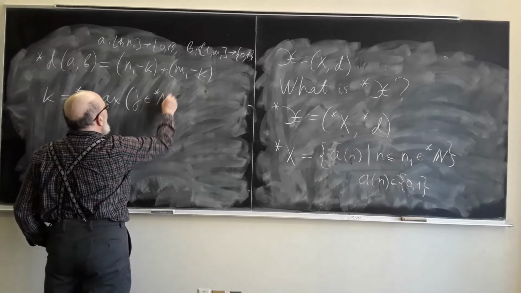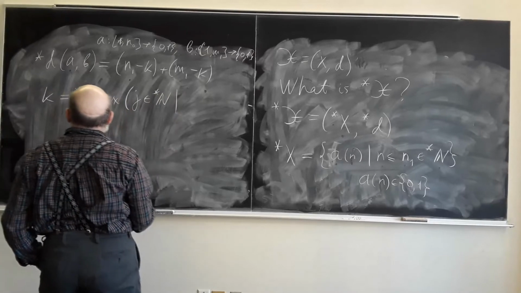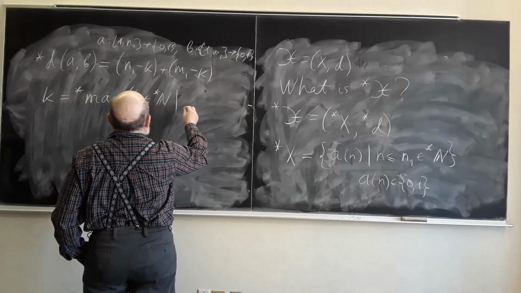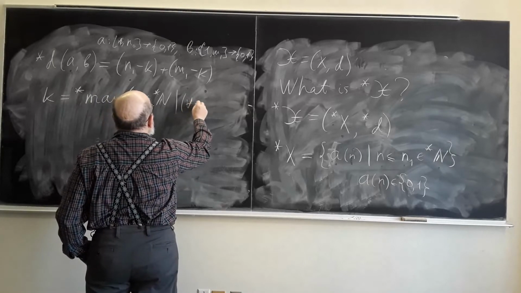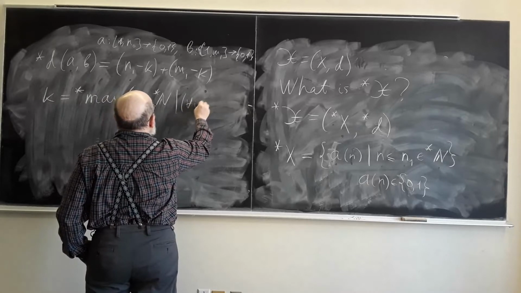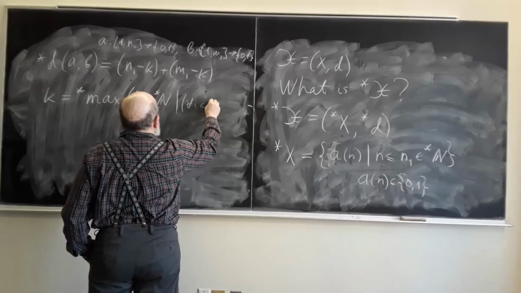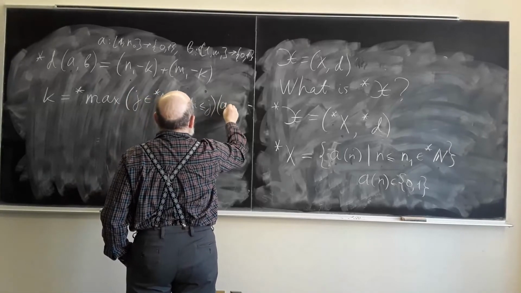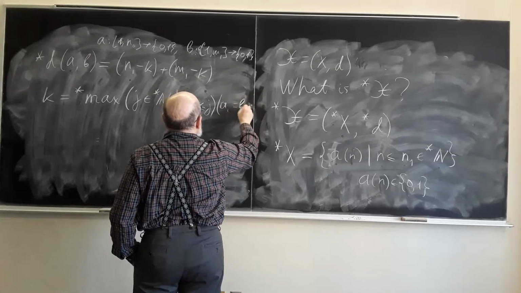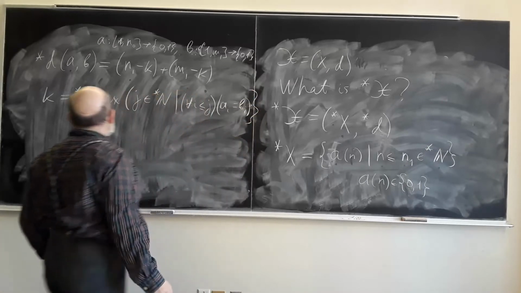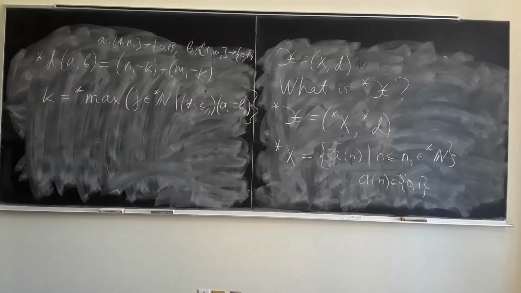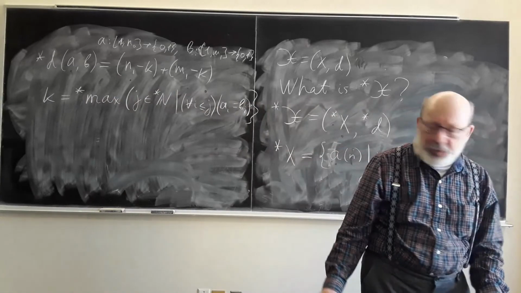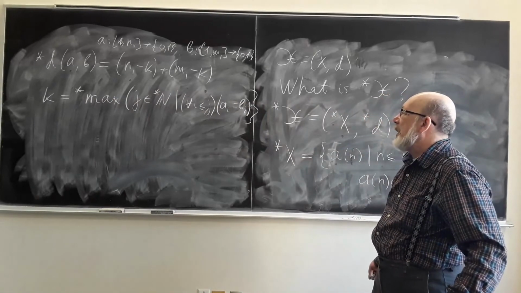K is the maximum j in star n such that for all i less than or equal to j, we have A_i equals B_i. So it is a transfer of the standard definition to this non-standard situation.